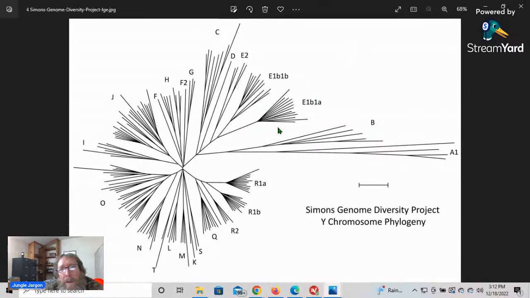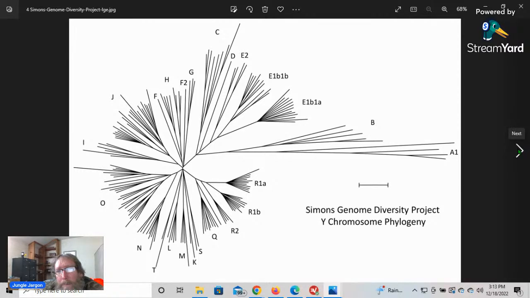This would be Mitzrayim, this is Put, and this is Canaan, or whatever. I don't know how many people they tested. This is only the 1,000 Genomes Project, and it's not a very comprehensive DNA test anyway. But those are the basic groups.